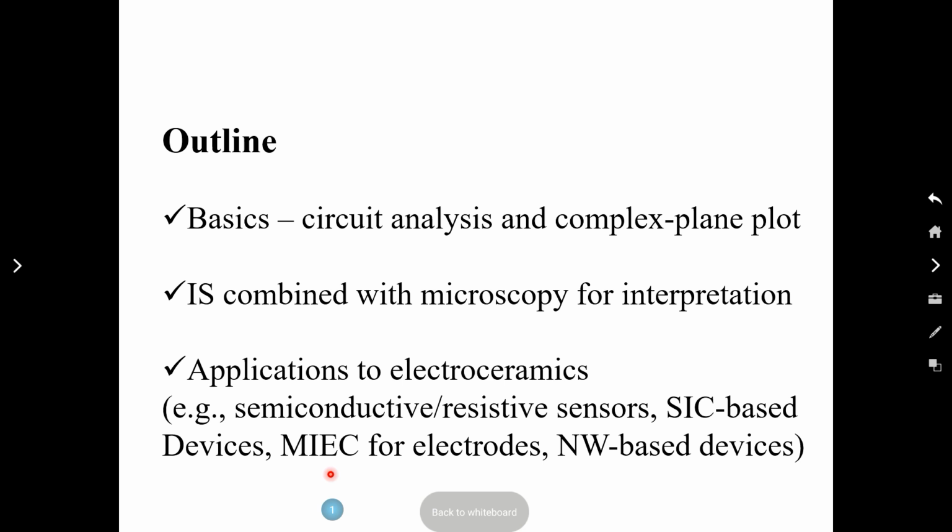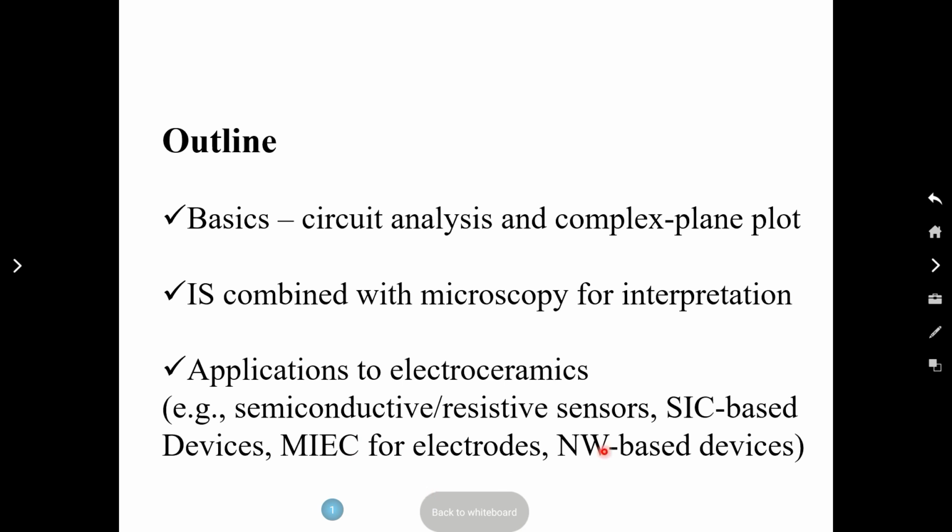Then not only you don't have to worry about containing the liquid, but you can make two-dimensional devices, creating thin films. With liquid, because you have to find a way to contain that liquid. Okay? So, there are advantages, and we'll talk about how this impedance spectroscopy can be used to model those kinds of things.